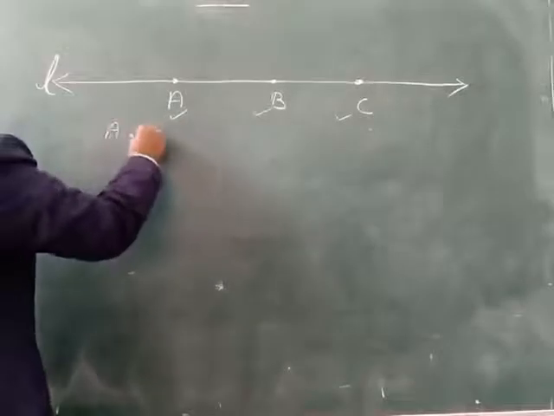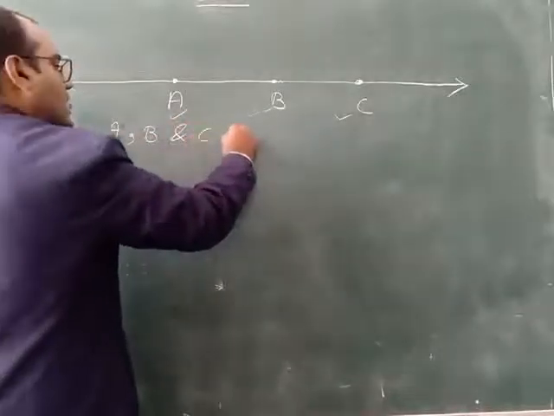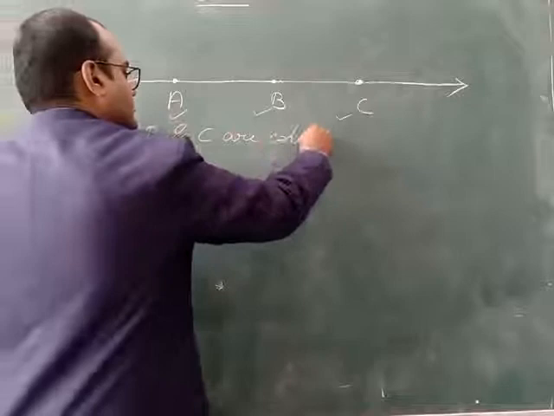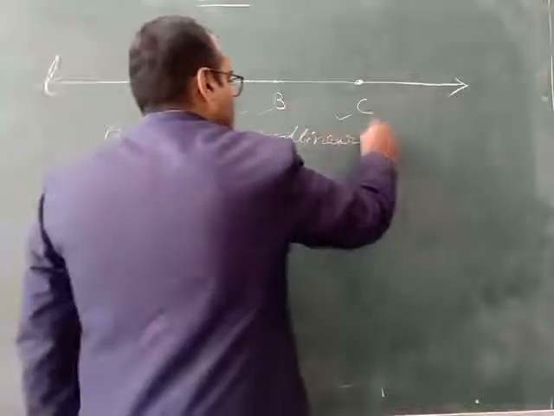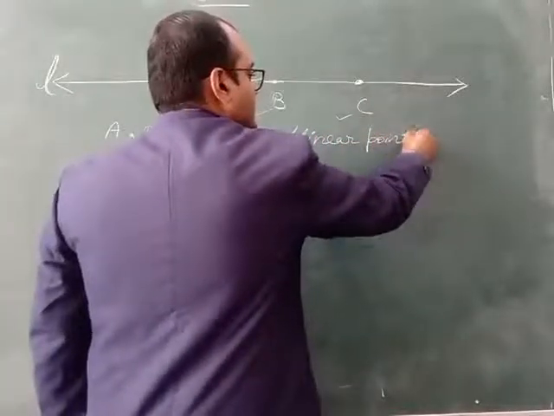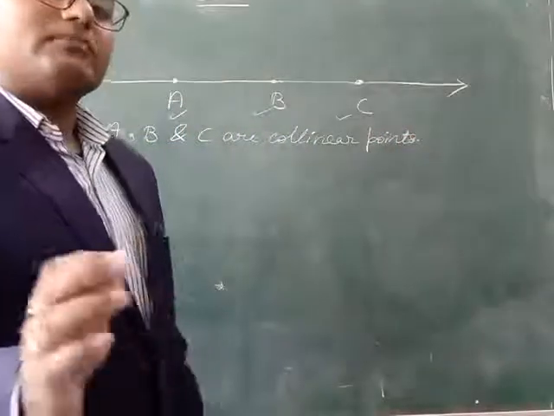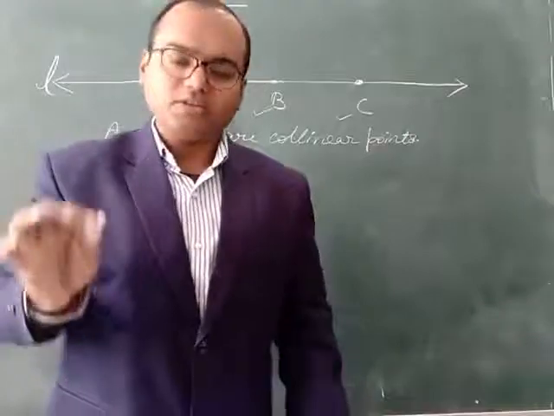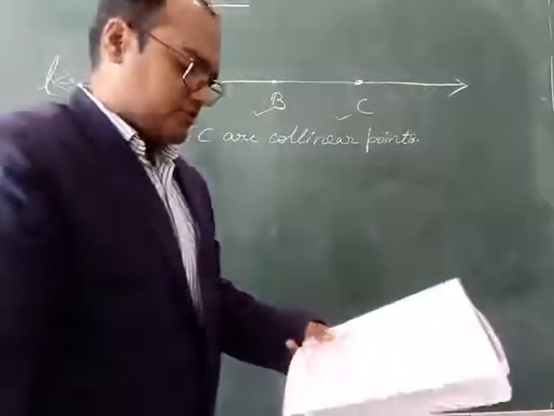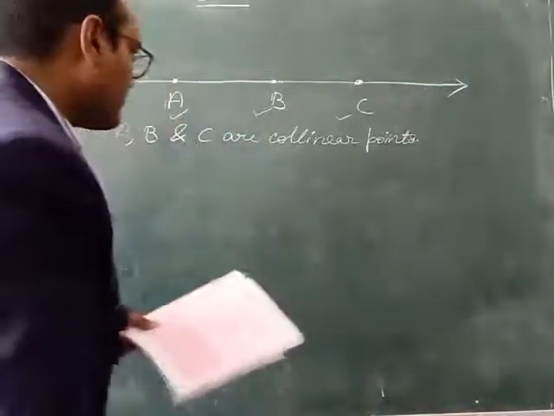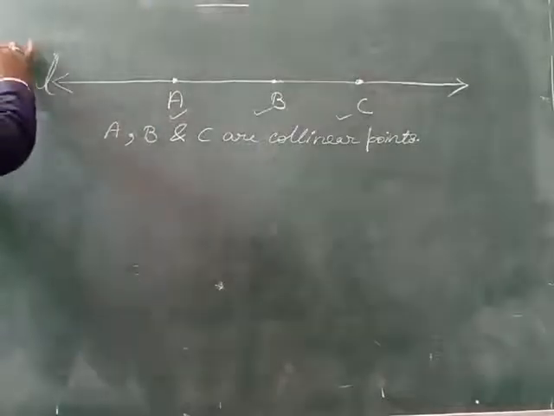A, B and C are collinear points. What are collinear points? Collinear points are those which are coming on the same straight line. Such points are known as collinear points. Next question. This was question number 10.